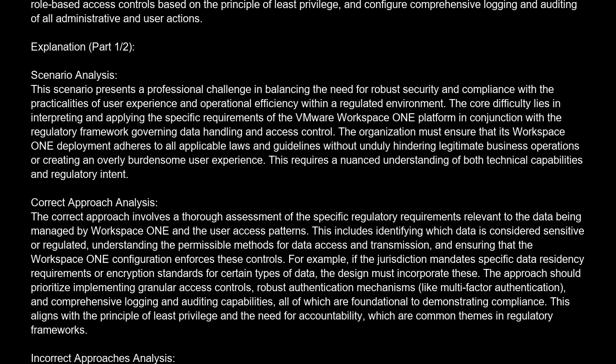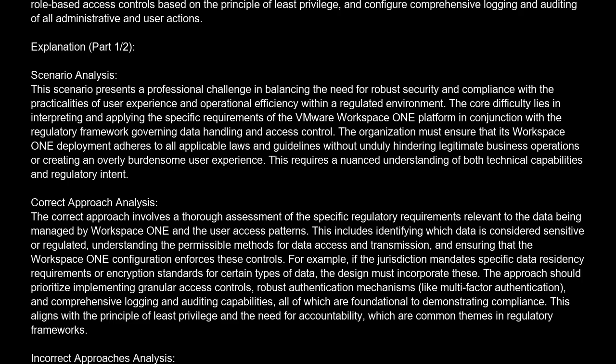Correct approach analysis. The correct approach involves a thorough assessment of the specific regulatory requirements relevant to the data being managed by Workspace 1 and the user access patterns. This includes identifying which data is considered sensitive or regulated, understanding the permissible methods for data access and transmission, and ensuring that the Workspace 1 configuration enforces these controls.